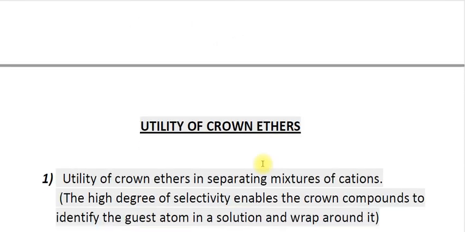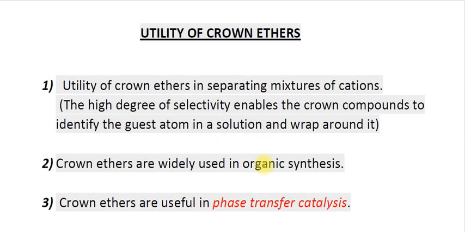Anyway, these are the three important points of the crown ethers, and I have also included many other points, under the heading utility of crown ethers. That means the importance of crown ethers itself. Utility of crown ethers in separation of mixtures of cations. The high degree of selectivity enables the crown compounds to identify the guest atom in solution and wrap around it.